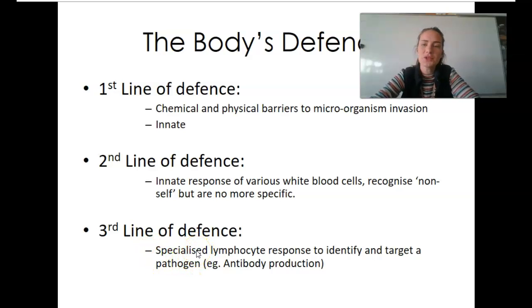When you go ahead and do the style for this part, it does talk about third line defense. So there's a couple of videos in there, I think, that will give you some information about the third line of defense. Don't worry too much about that information. Just treat it as some prior knowledge, I guess, before you do 7.3. The focus is really for this one on those innate levels of defense, the first and second line.